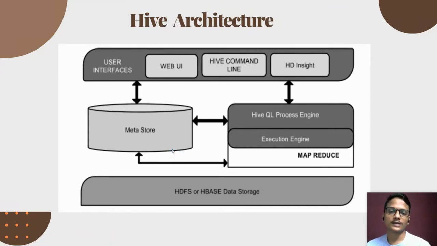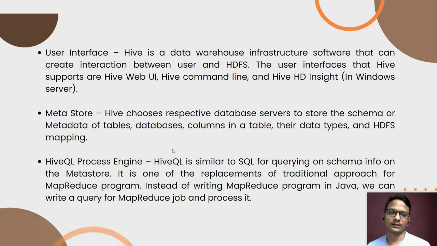Now let's understand more deeply the various components in the Hive architecture. First is the user interface. Hive is a data warehouse infrastructure software that can create interaction between the user and HDFS. So this user interface acts as the intermediary between the user and the HDFS.